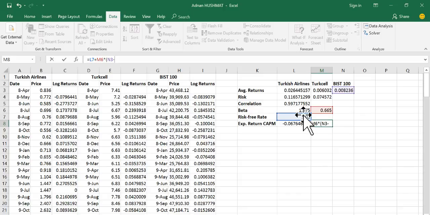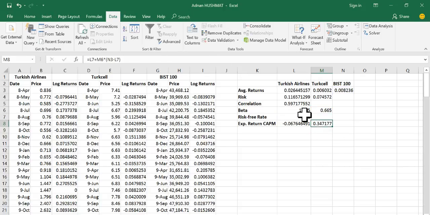Rf is here, this one. Okay, let's close this bracket. Let's check it. L7 is the risk-free rate of return, M6 is the beta of Turkcell, and N3 is the market returns.